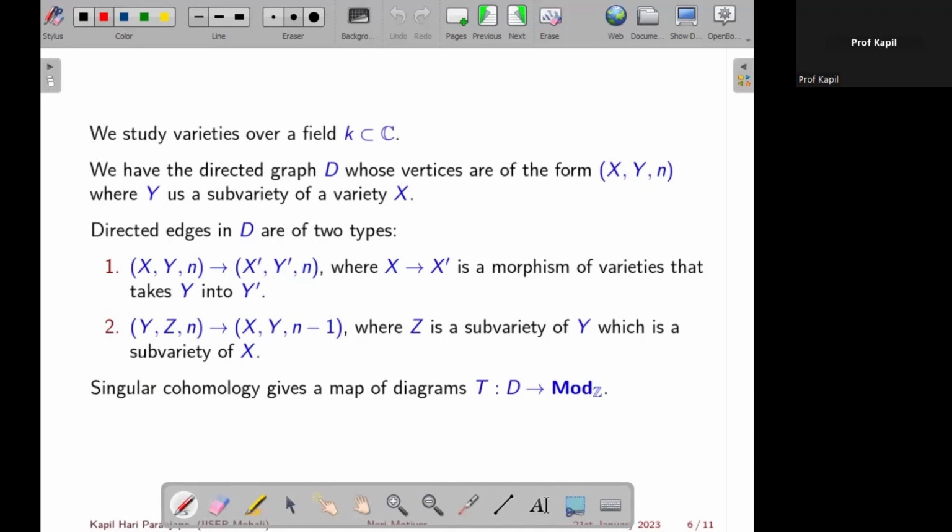So a triple consists of x, y, and n. And of course, because we are working with homology, n has to be greater than or equal to 0. So we only have n greater than or equal to 0, which is relevant here. Of course, for this, n has to be greater than or equal to 1.